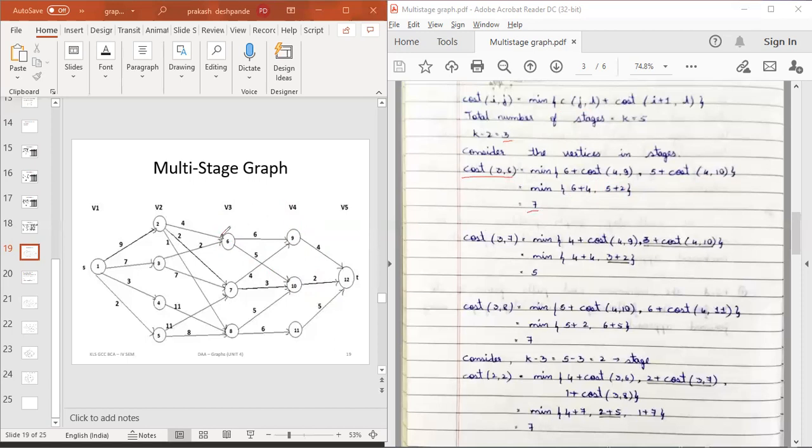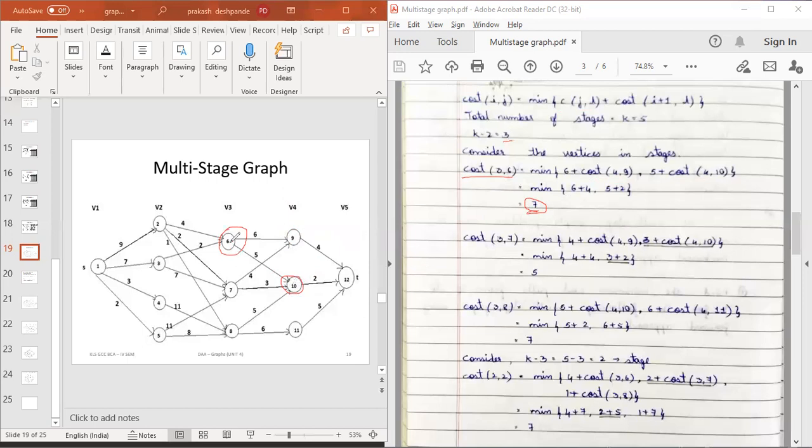That is the cost of this particular vertex, third stage, sixth vertex. From here, if I want to reach the destination, then its cost will be 7. And I can reach from this particular vertex here.